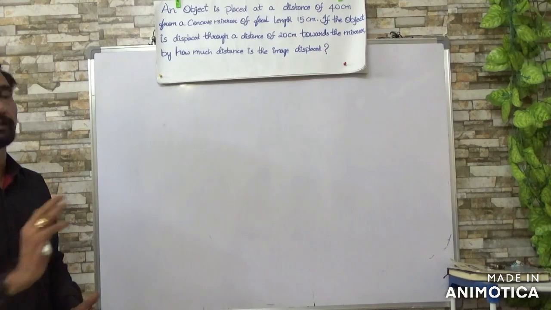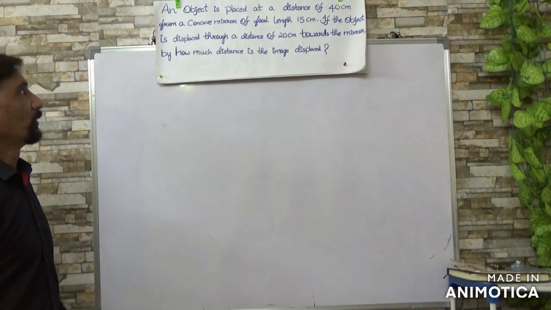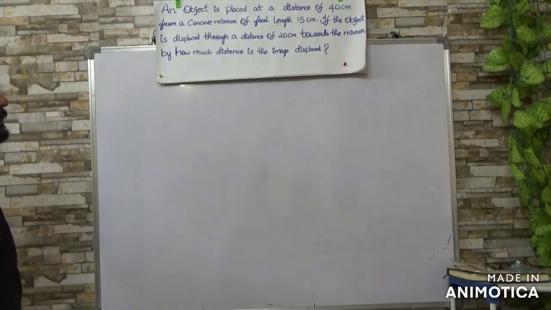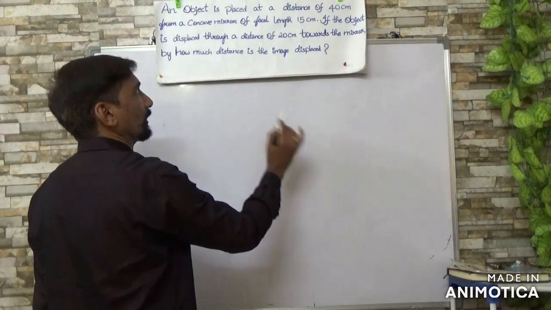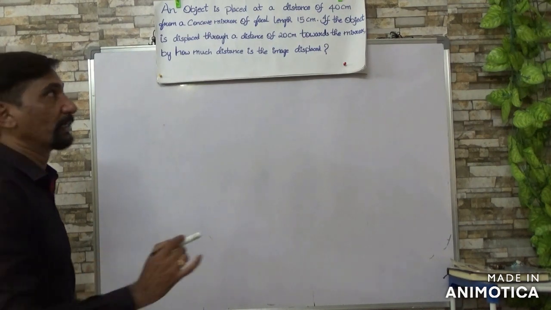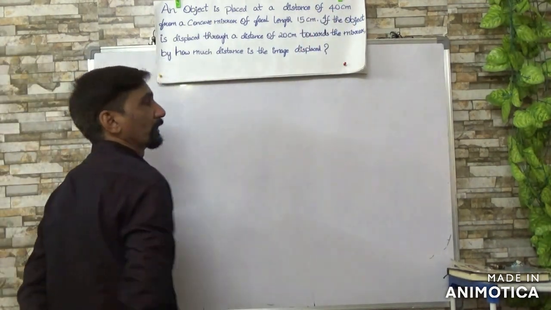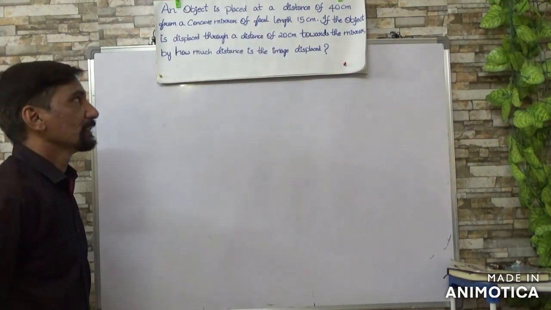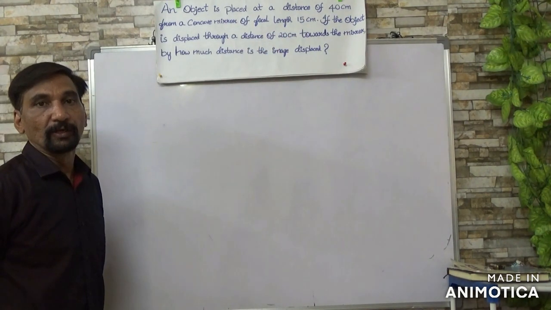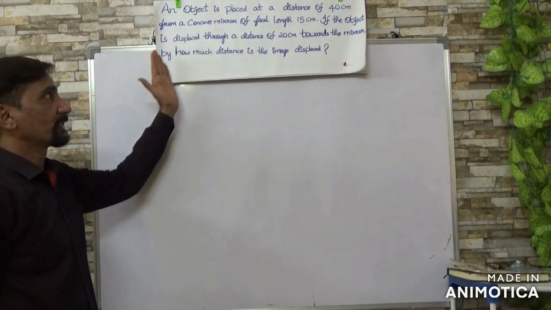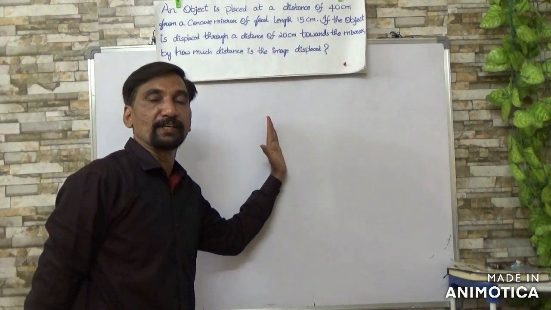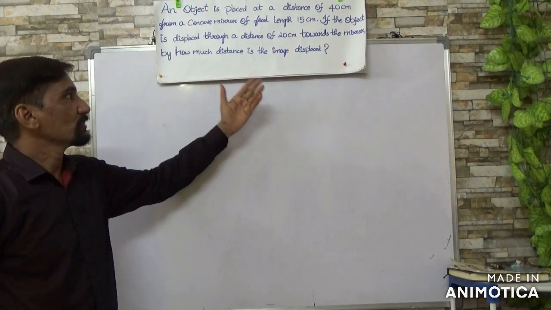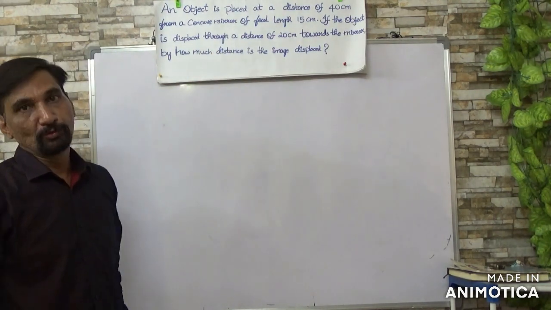Now, about the given problem. There is one concave mirror. In front of it, you are placing an object at a distance of 40 centimeters, and the focal length is 15 centimeters. If the object is displaced 20 centimeters towards the mirror, the image also changes, and that you want to find.